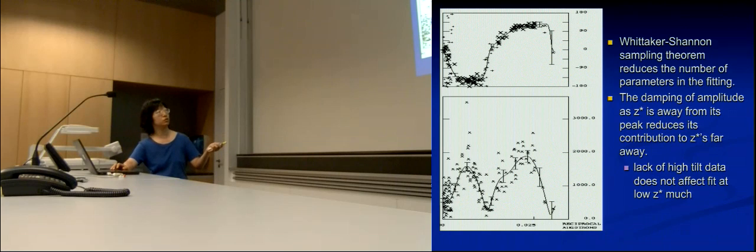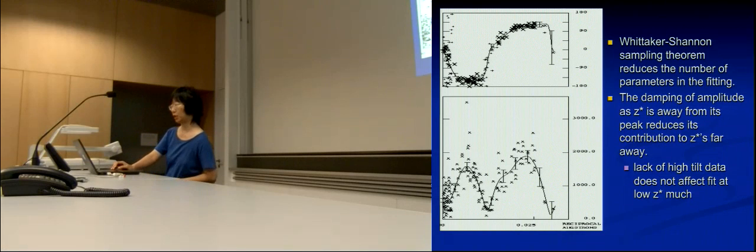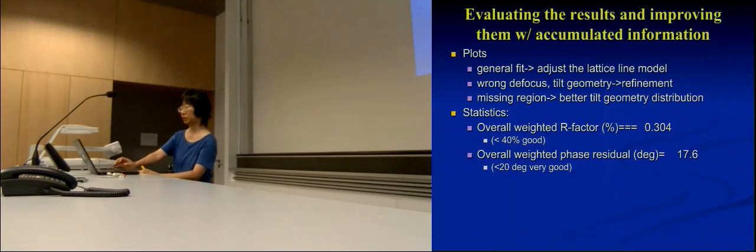And the high tilt really only gives you the extension of this line to the higher z star value. Okay, so if your fitting is not good when you have low tilt, high tilt is not going to help you. So if you don't get the model right, it's not going to change the way it behaves. Okay, so that's that.